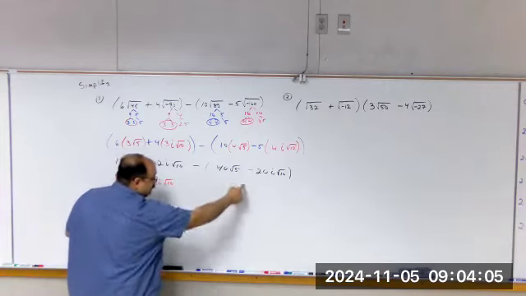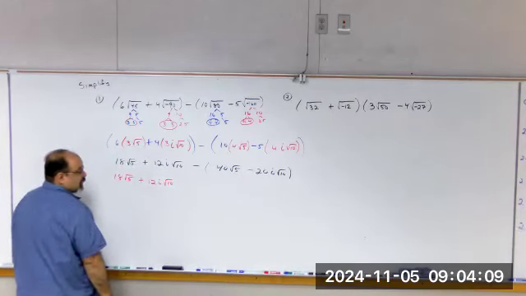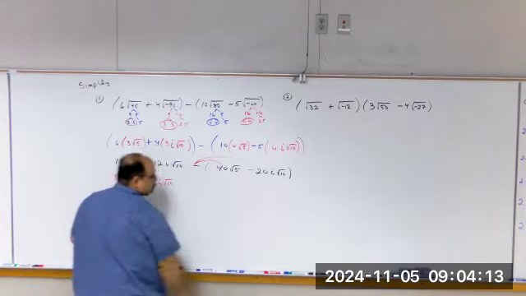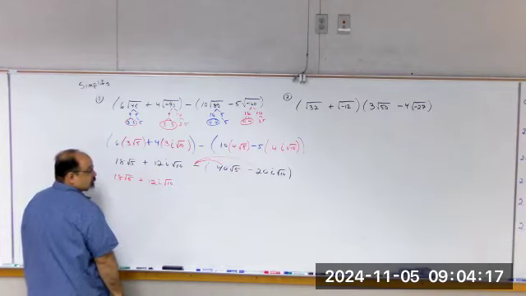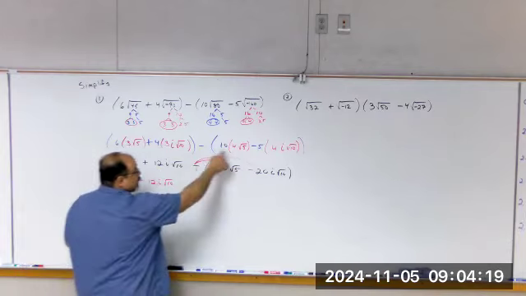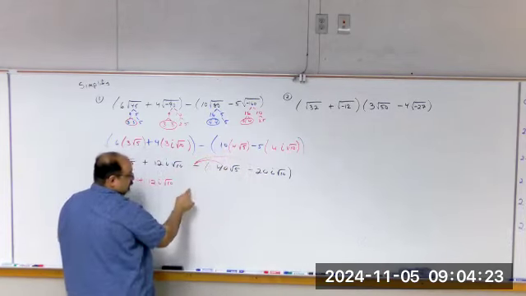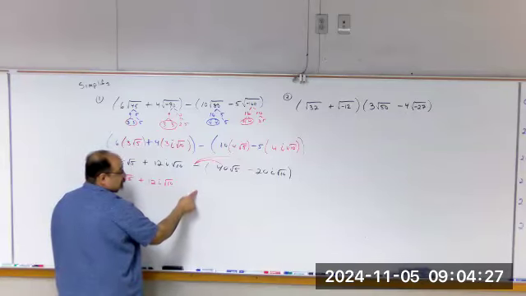When I subtract this parenthesis, what's going to happen? The signs are going to change. Now, if you do it here, it's not bad. As long as you remember this, that's a positive, so now it's going to be a negative. That's a negative, so you got to make sure it's a positive.